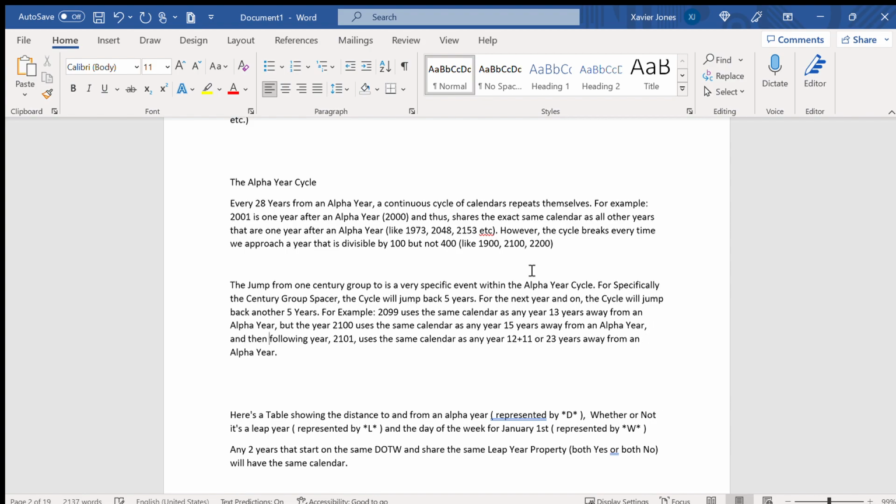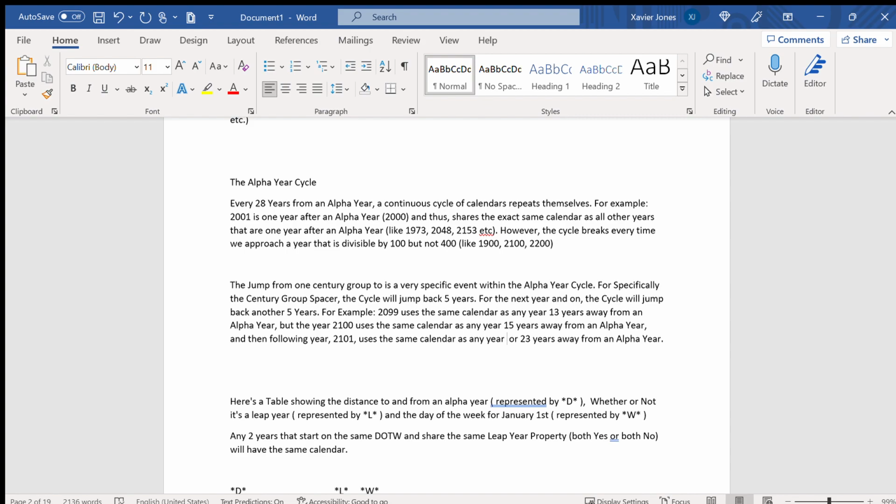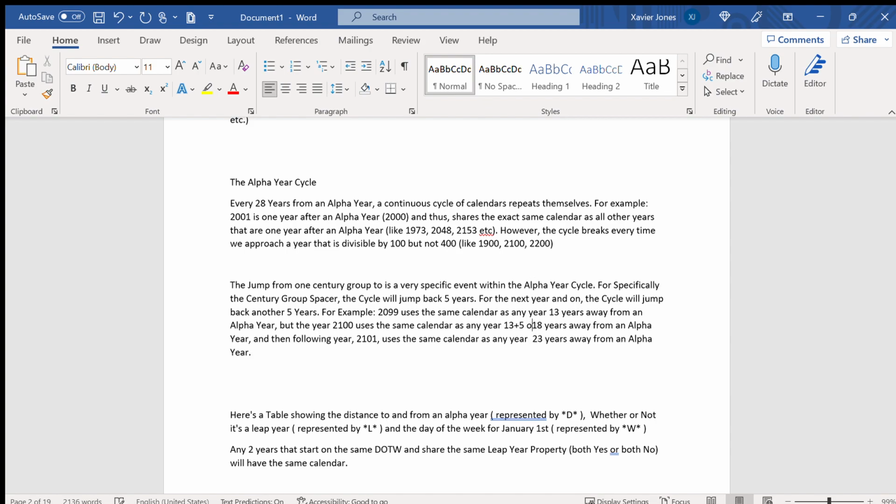And then the following year, 2101, uses the same calendar as any calendar. Wait, what did I say, 15? This is 18. 13 plus 5. I could do 13 plus 5 or 18.